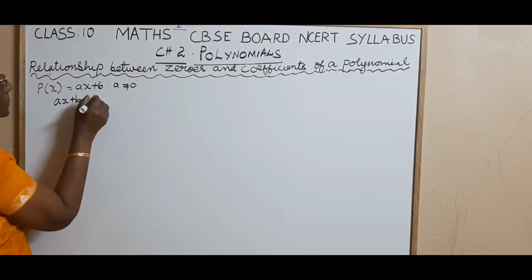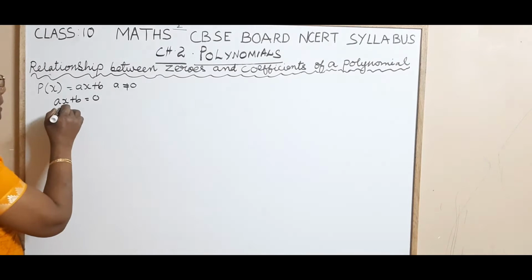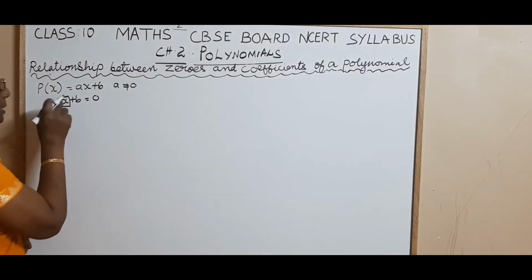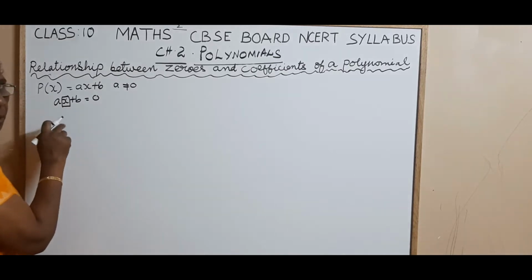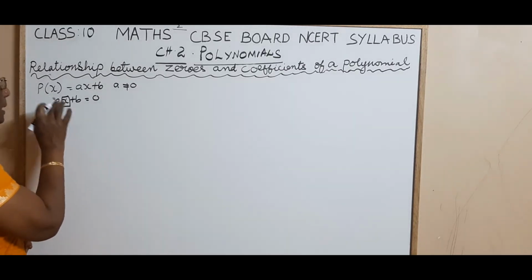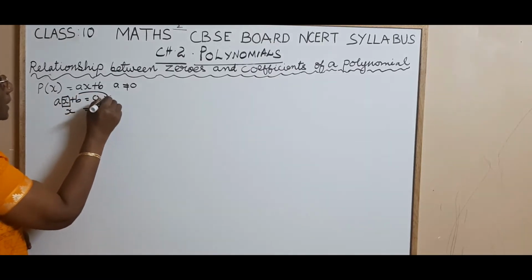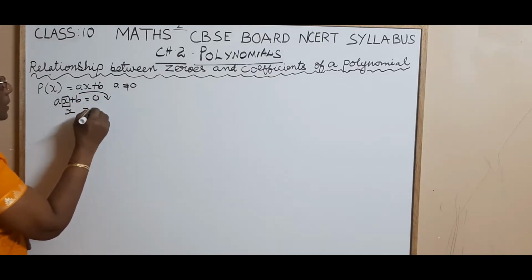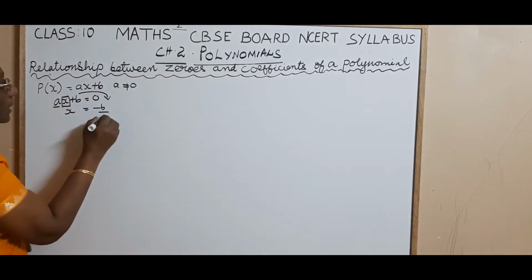What is the zero? The zero of a polynomial is the value of the variable x that makes the value of p of x as 0. So, we have to find the value of x. So, x is equal to, you bring this b to the other side. So, plus b will become minus b, and here we have a, so divided by a.